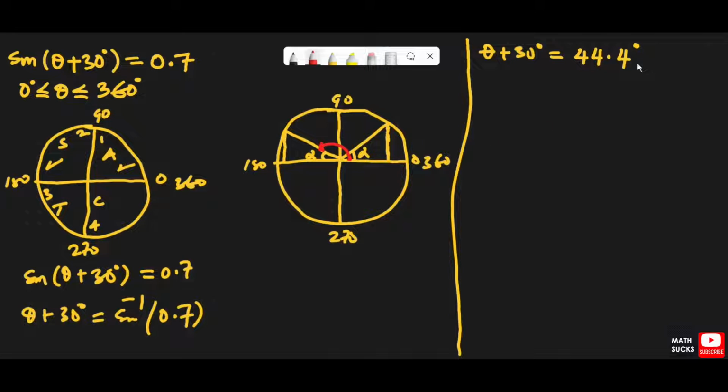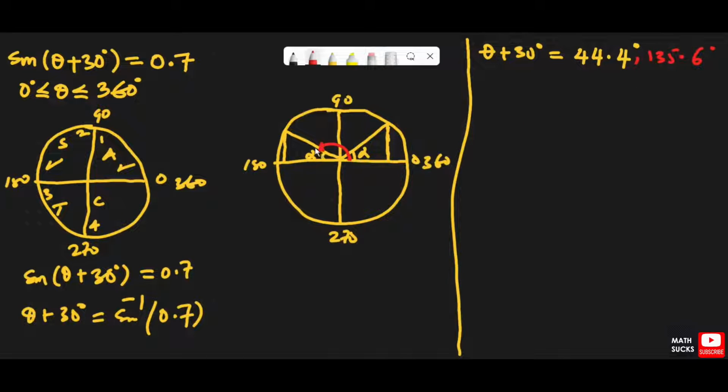So our other angle is 180 take off 44.4, and that turns out to be 135.6 degrees.